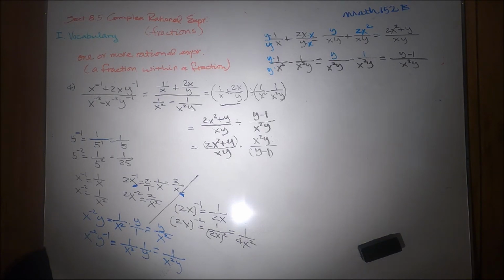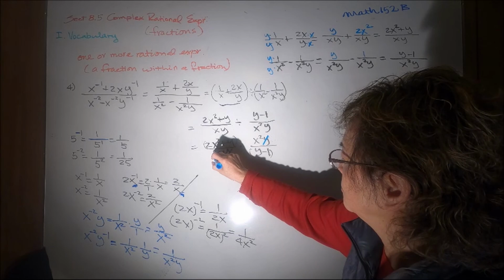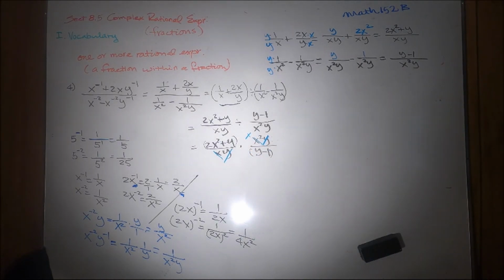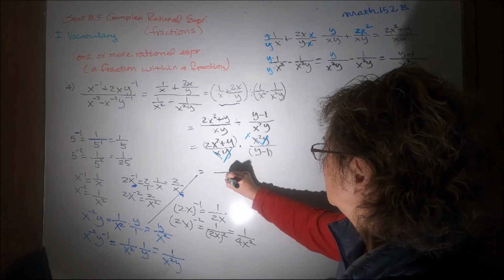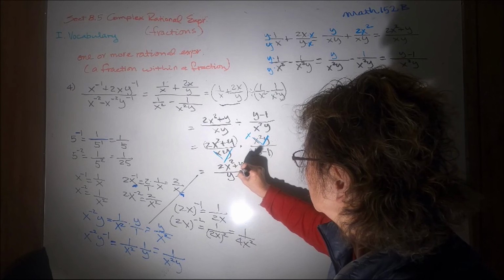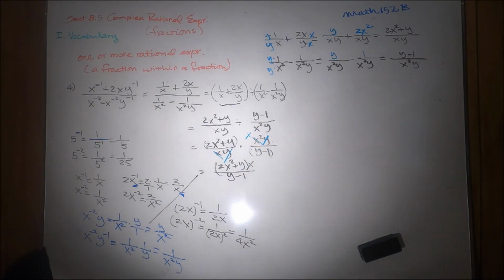Is there anything we can cross cancel? y, 1x, so you have 1x left, right? Then what do we have? y minus 1, 2x squared plus y, times x. So that would be your simplest form, okay?